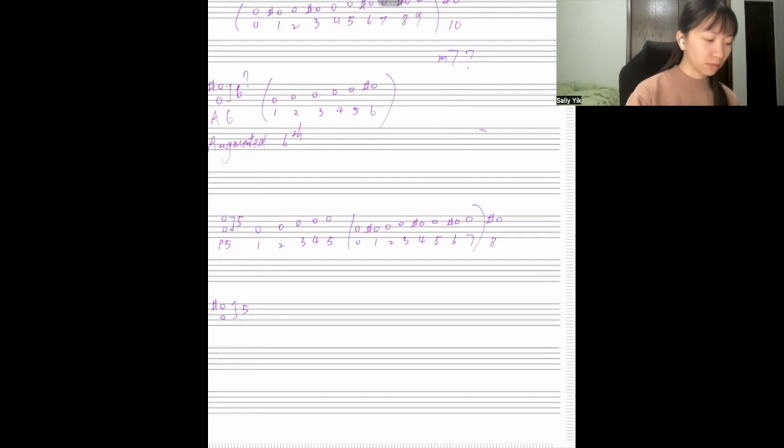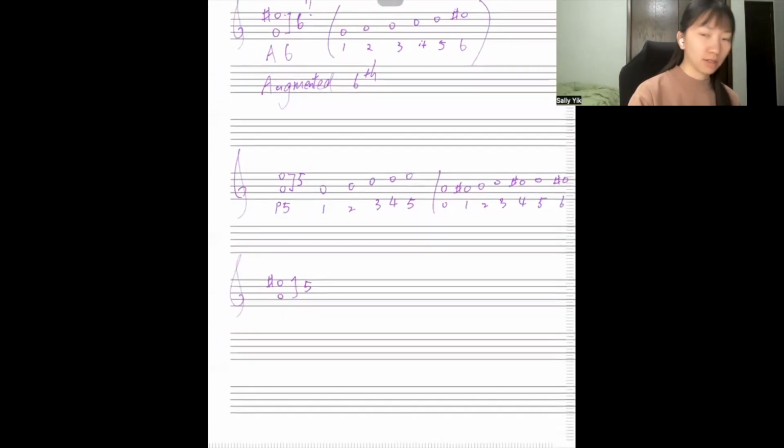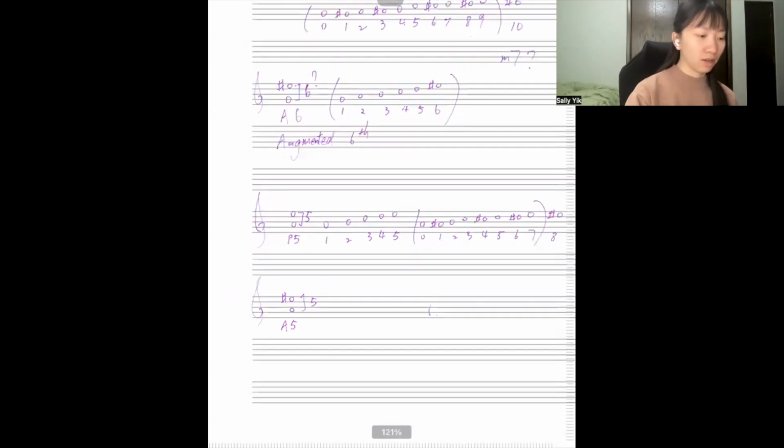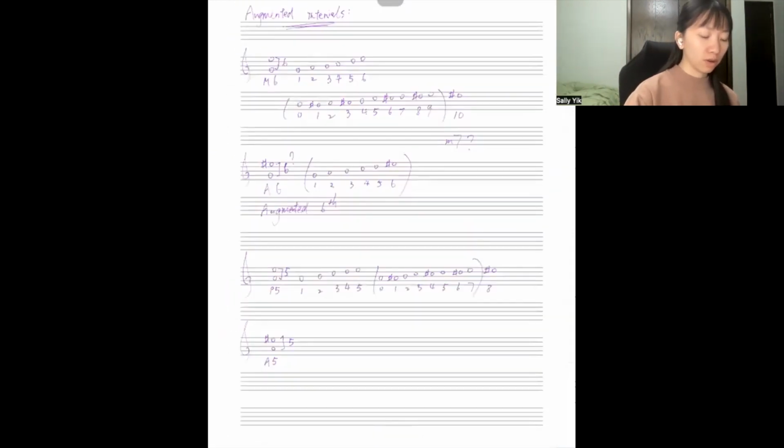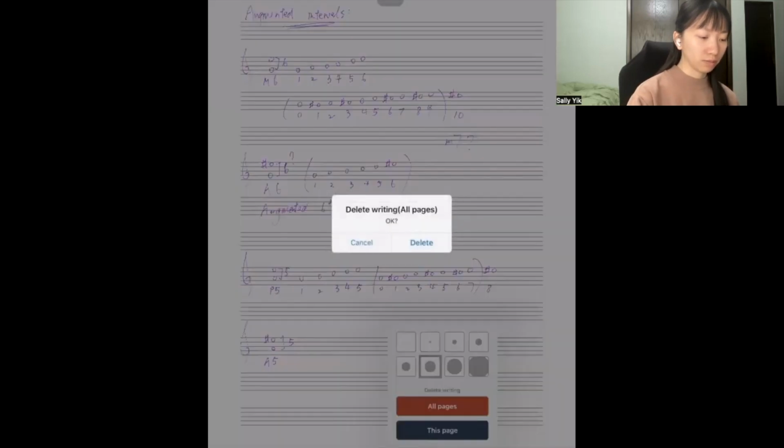And therefore, we do not call this a perfect fifth anymore. There is 1 semitone more than a perfect interval, so we call this an augmented fifth. So that is how we identify an augmented interval.